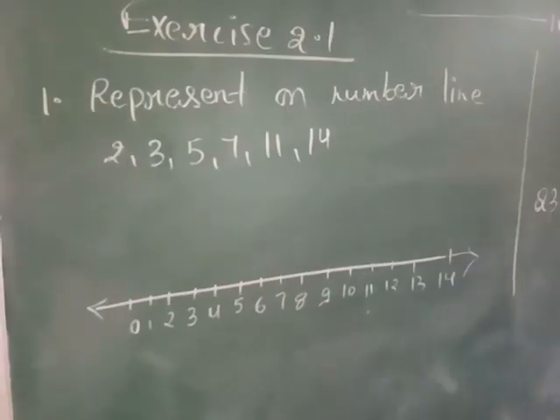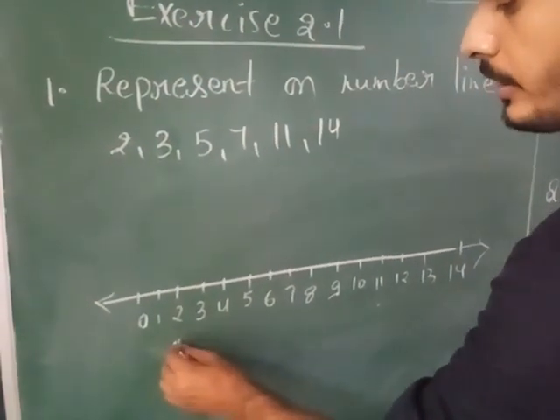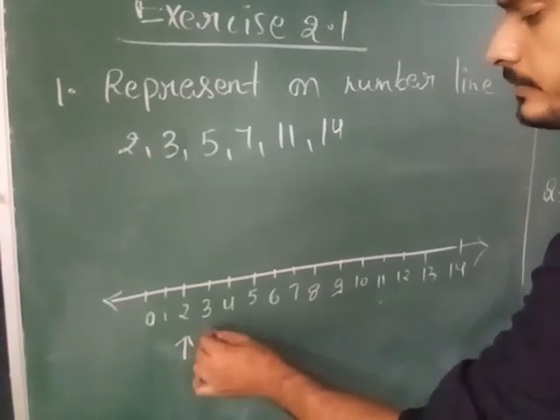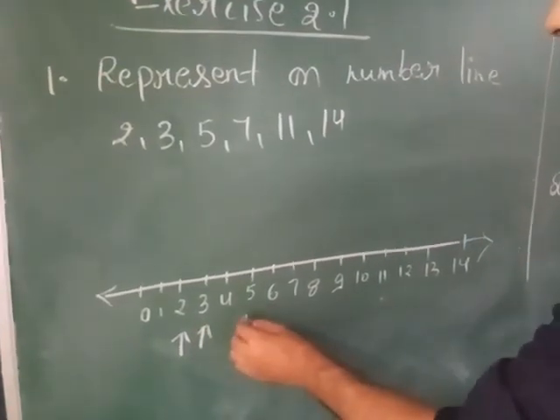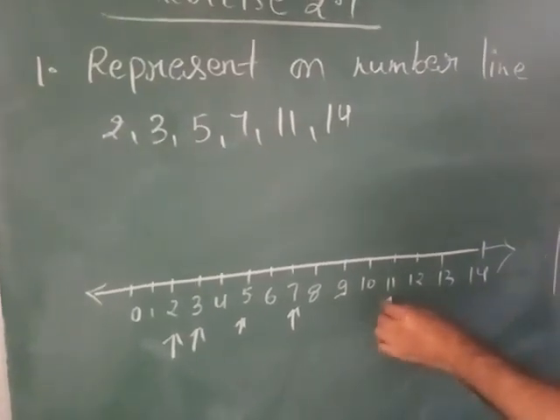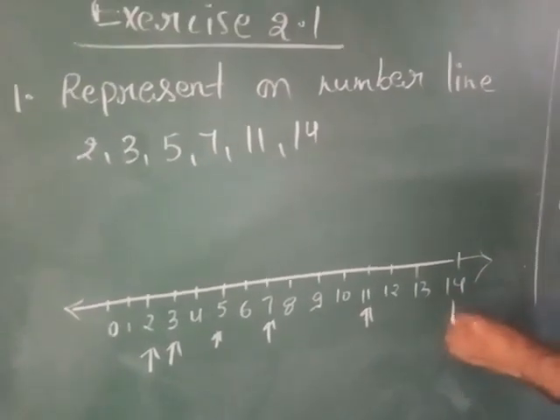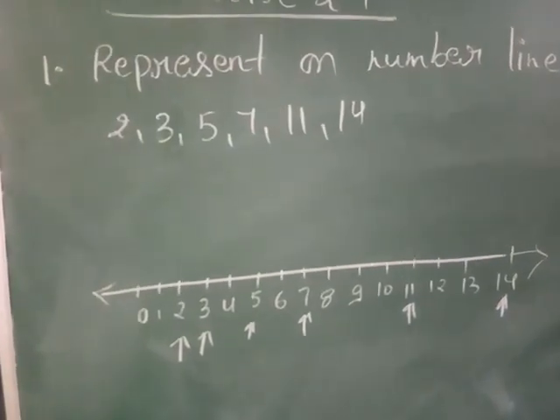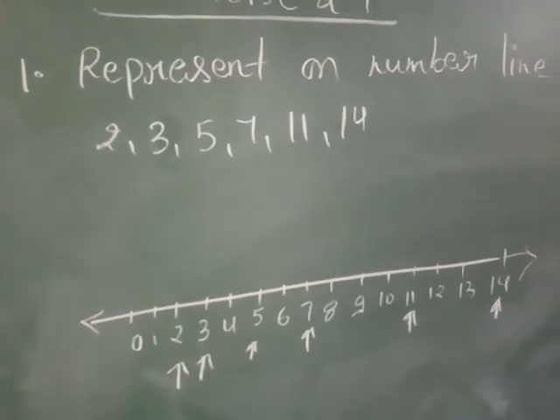First is 2. You can make an arrow like this for representing. Next 3, next 5, then 7, then 11, and then 14. All the numbers have been represented on the number line like this.